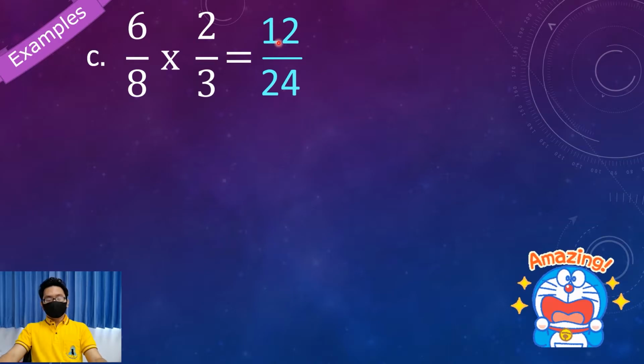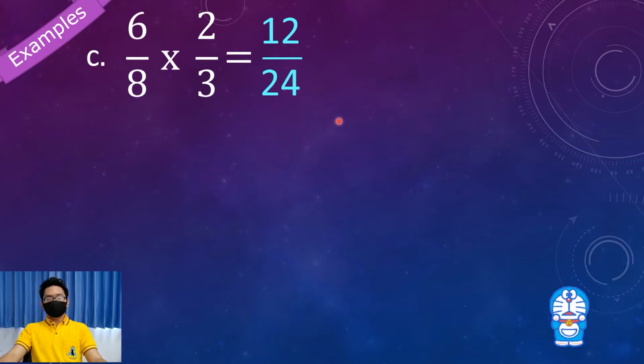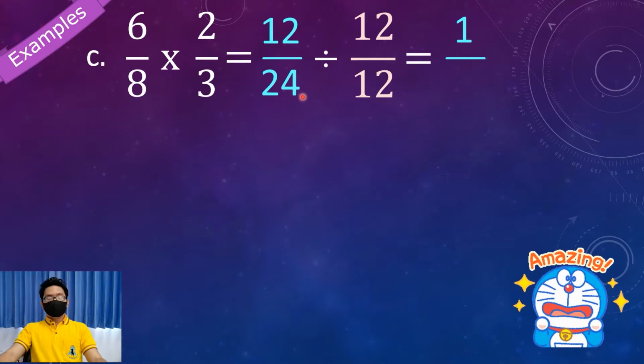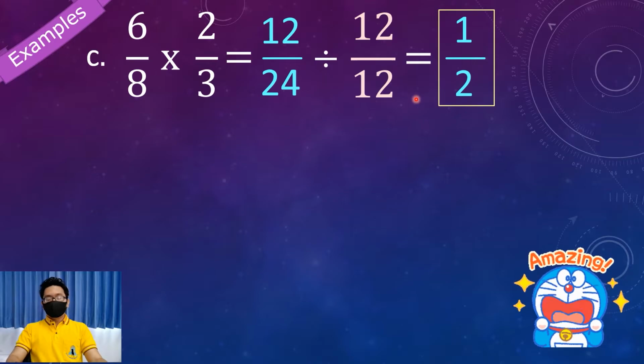Not yet. 12/24 is not yet in simplest form because we can divide numerator and denominator by 12. 12 divided by 12 equals 1. 24 divided by 12 equals 2. Therefore, our final answer is 1/2.